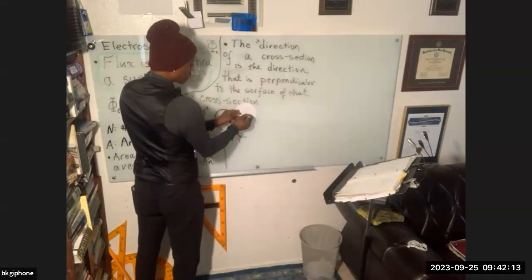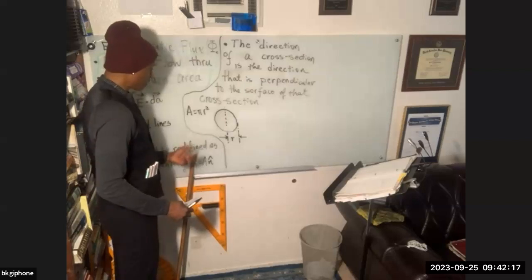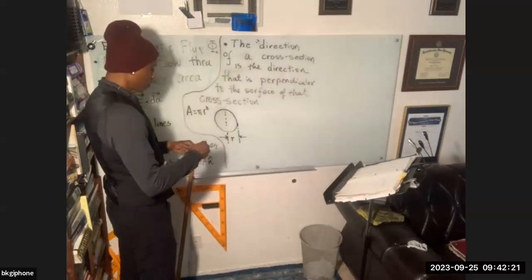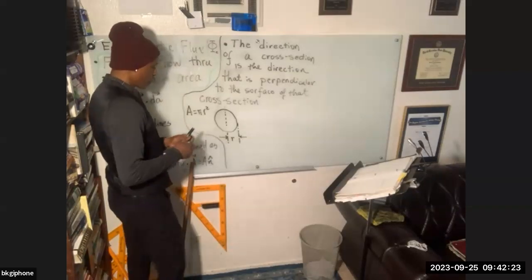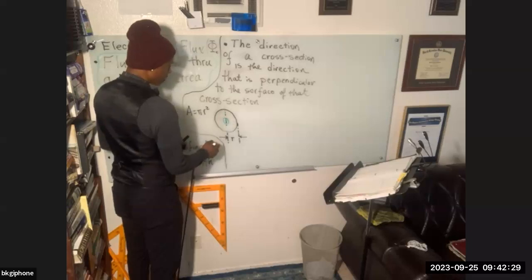So if I'm looking straight on, the unit vector n that's associated with that area is going to point straight out toward me. And remember, with our notation, a circle with a dot in it represents a vector out of the board.